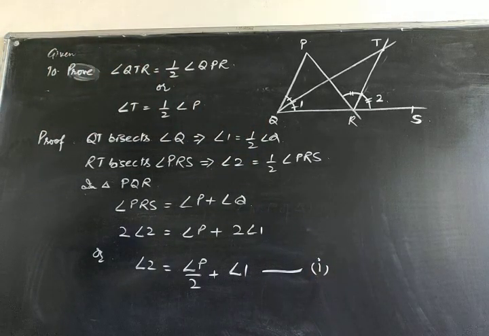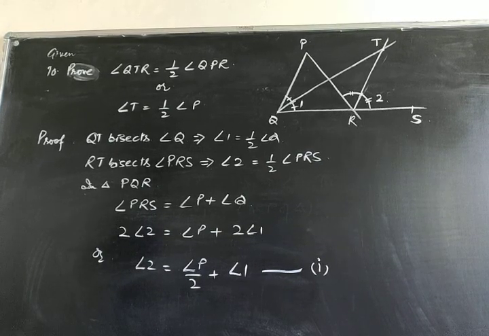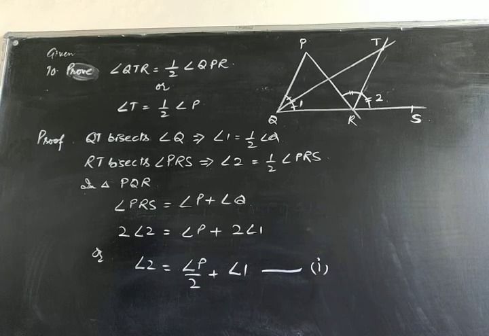Similarly, you will find out the value of angle 2 by taking exterior angle property in triangle TQR.